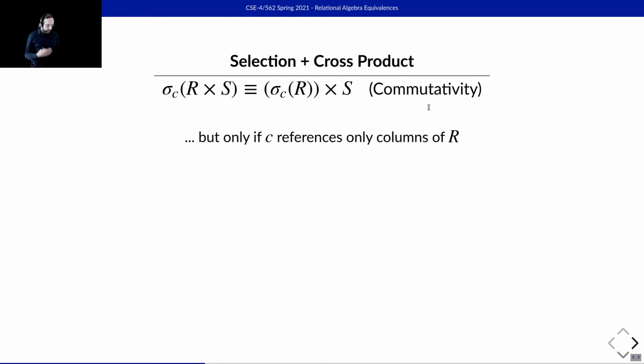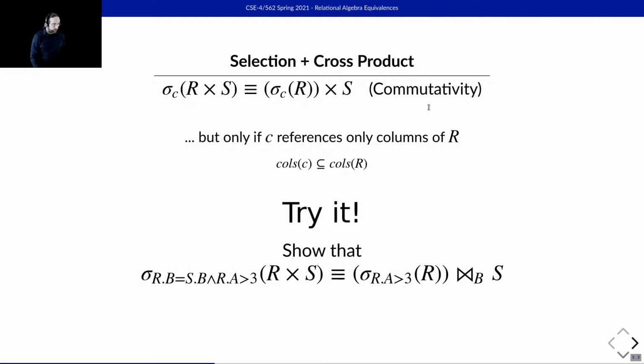So we can always go from right to left, but in order to go from left to right, it had better be the case that the only attributes being used in the condition are the ones that come from the left-hand side of the join. Or in other words, the columns of the condition are a subset of the columns of the left-hand side table.